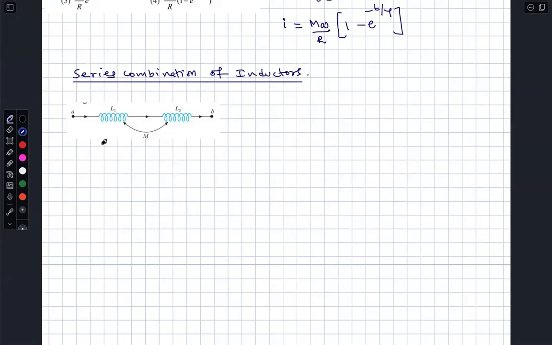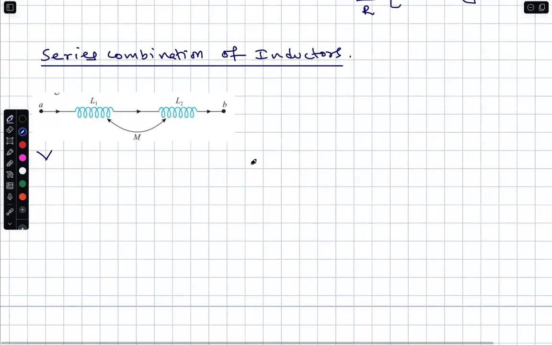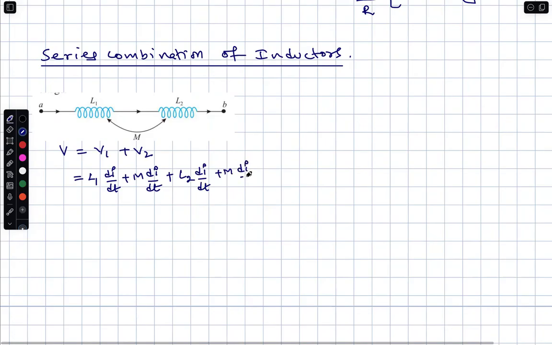In this case, what will happen at any instant, if you ask me what is the potential drop across each circuit, I'll simply say this is V1 plus V2. Here our V1, just now we have drawn E1 plus E2, no? So L1 di by dt plus M times di by dt plus L2 di by dt plus M times di by dt.